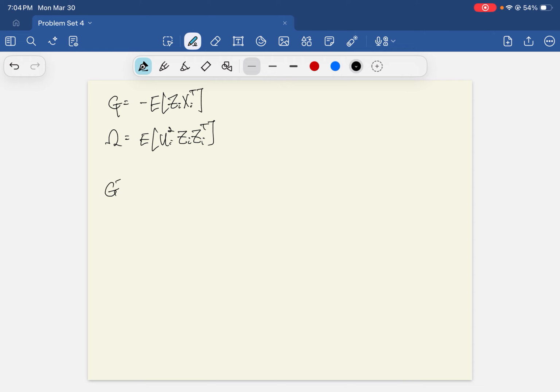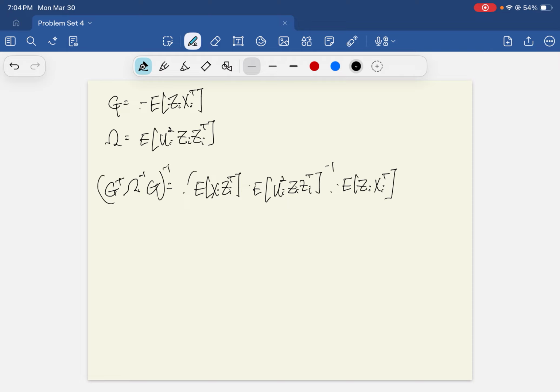And then G transpose omega inverse G is the expectation of xi zi transpose, times the inverse of the expectation of ui squared zi zi transpose, times the expectation of zi xi transpose. So the minus will be cancelled out here and here. And the variance is its inverse. We are taking the inverse, right? So this is your asymptotic variance.